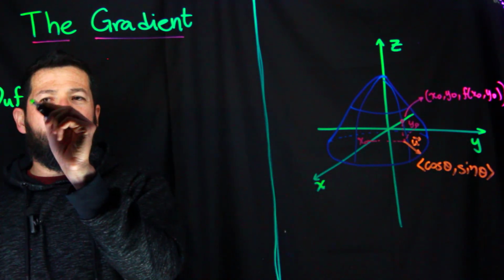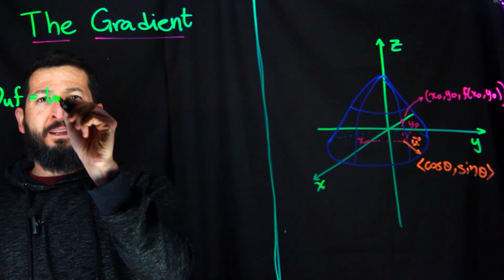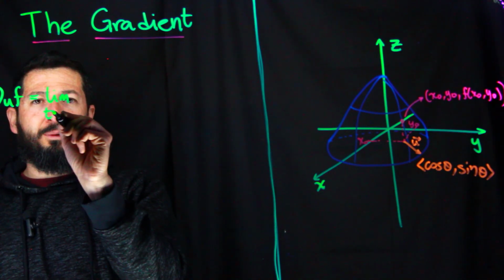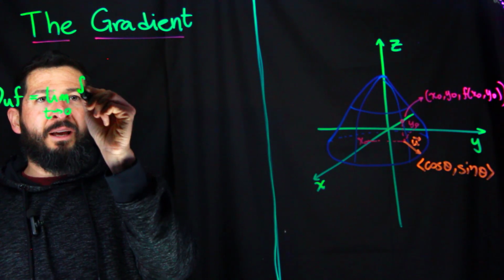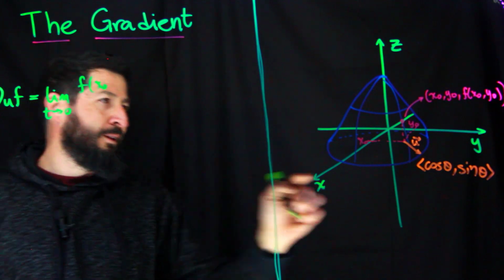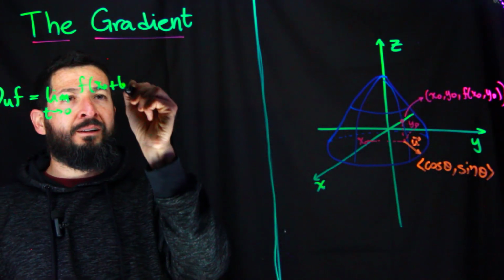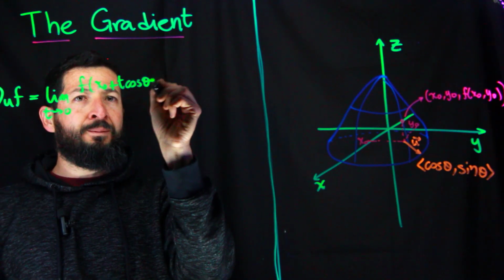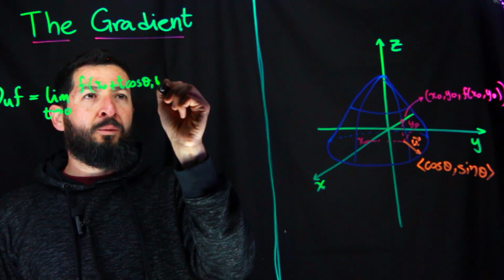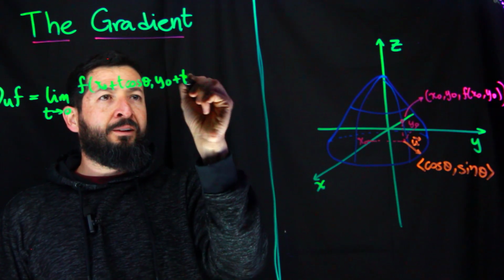But for space, I'm going to eliminate the x naught, y naught. And I'm going to write the definition as the limit as t goes to 0 of f of x naught plus t cosine of theta, comma, y naught plus t sine of theta.